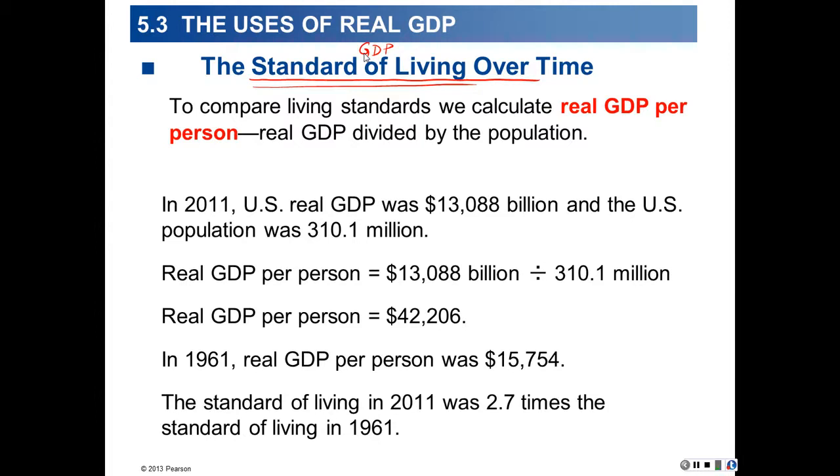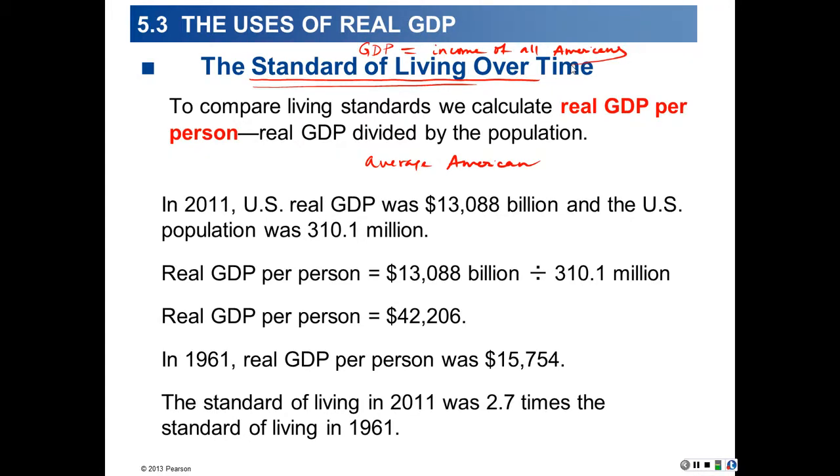So we need to talk about the average American. So how do we get the income of the average American? GDP, remember, is the income of all Americans. It's their combined income is what it is. Is that correct? From our circular flow idea.